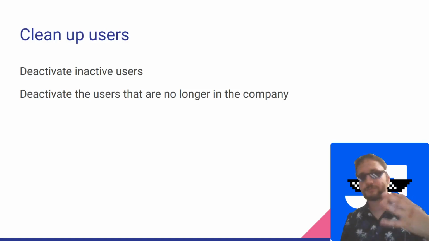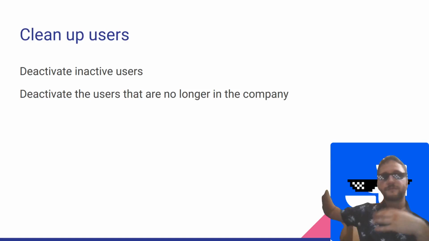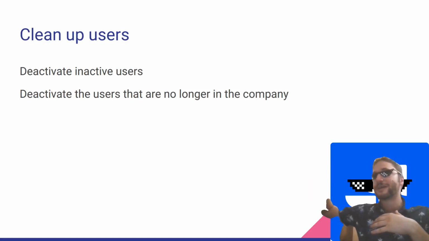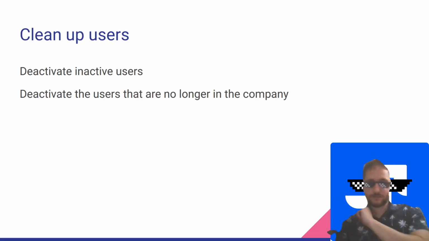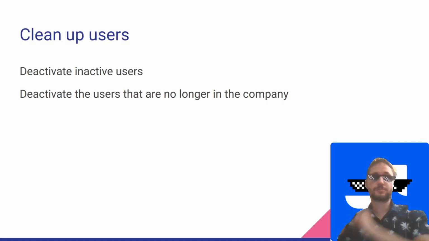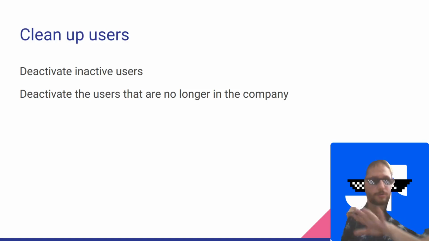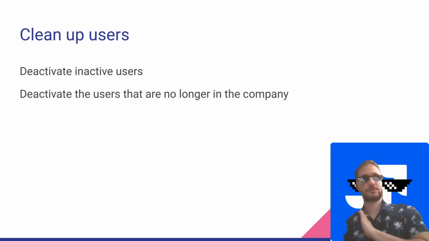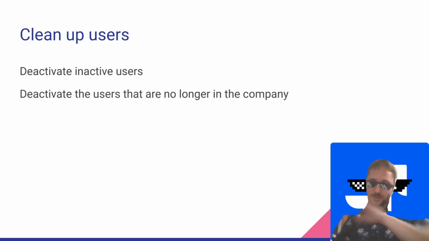It's of no use, because even if they're there, even if they have access only to Atlassian, not even Jira, you're still going to pay the license for it. So unless you want to spend your money on that, don't do it. Just deactivate them.